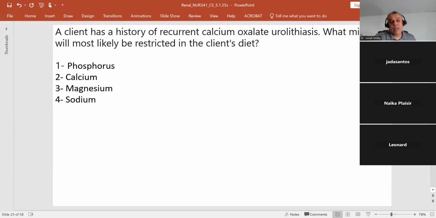So sodium restriction, low sodium, may lead to more calcium excretion in the urine, and that would increase calcium deposition and stone formation.